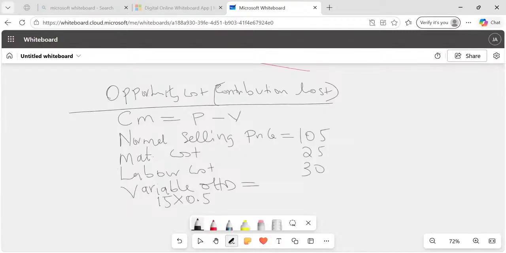So the variable overhead that I'm absorbing to each unit is what? 7.5, Musabi, thank you very much.